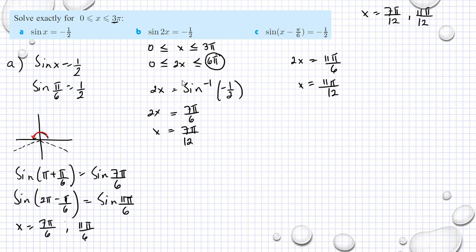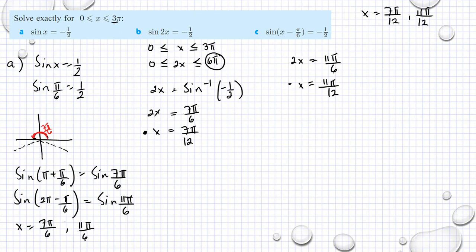As you can see, we have two values of x already, this one and this one. If we look at our graph, we have this one, the red one that I wrote here, that is 7 pi divided by 6.